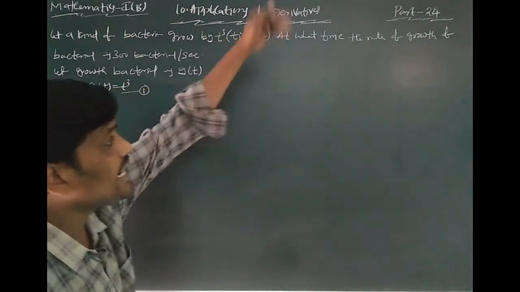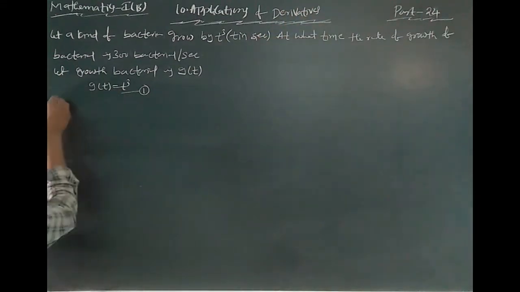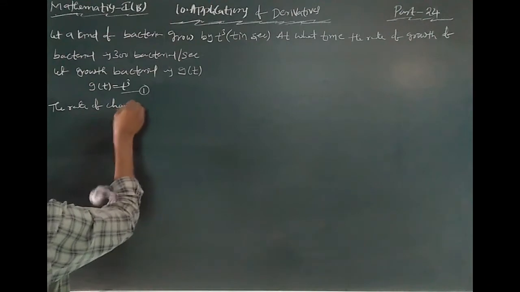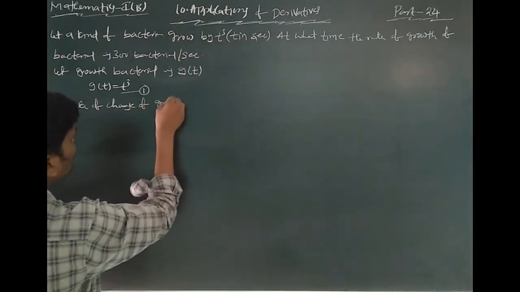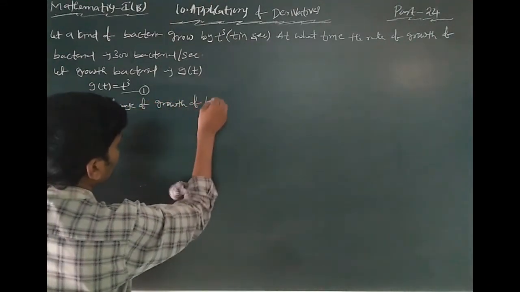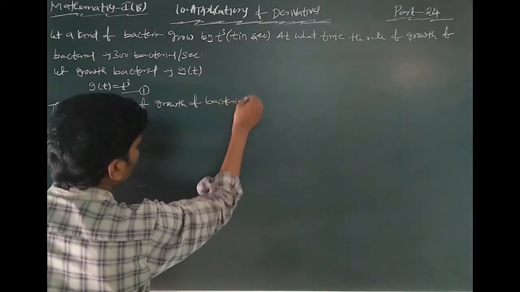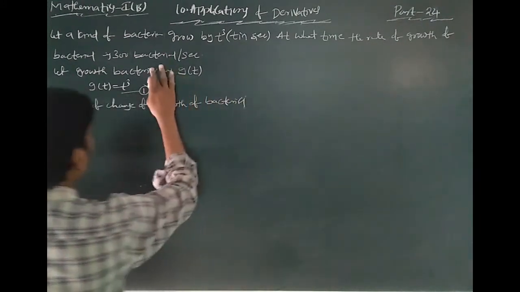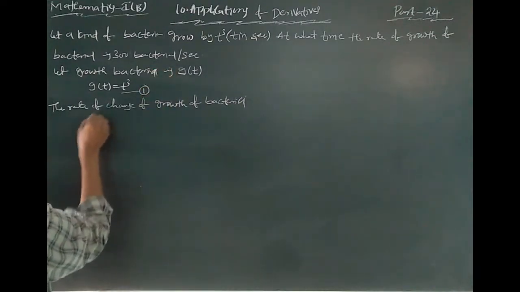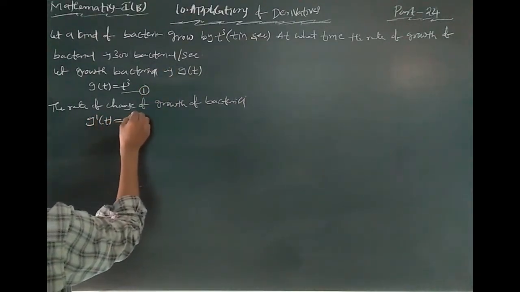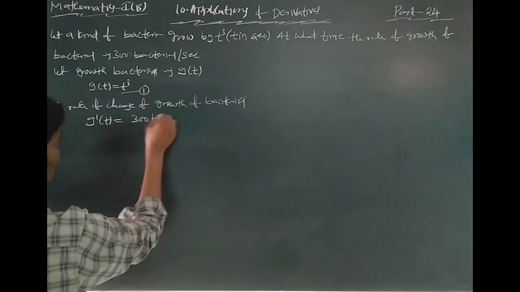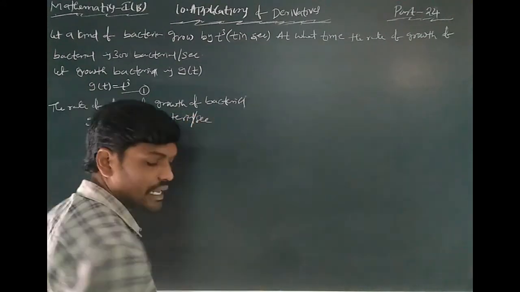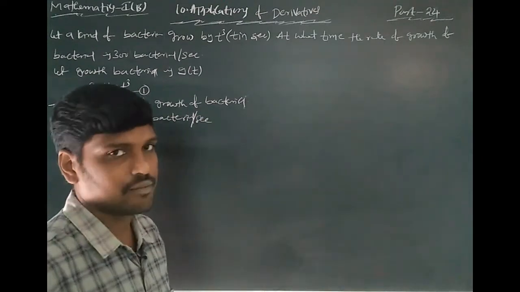After that, the rate of change of growth of bacteria, g dash of t, is given, that is 300 bacteria per second.